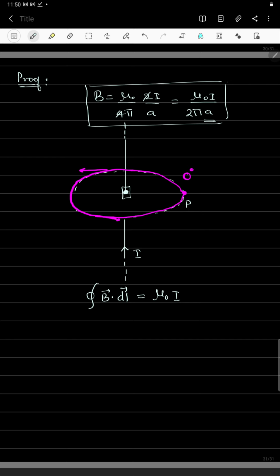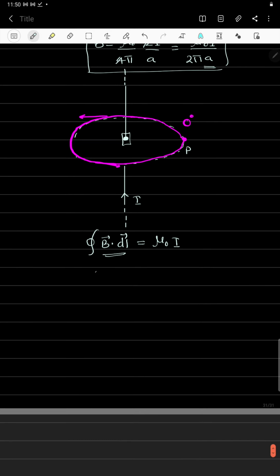This dot product we can write as the closed integral of B dl cos theta equals mu naught I. We know that theta equals 0 degrees, so the line integral of B dl cos 0 equals mu naught I.